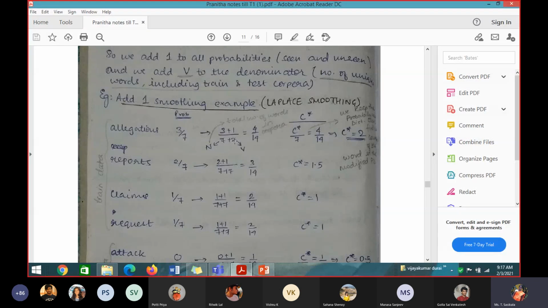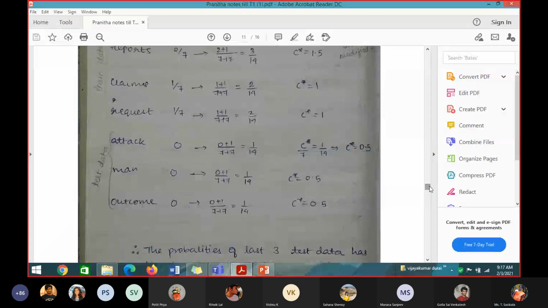So you assume that allegation is appearing, pretending as if 6 times, 3 plus 3. Report is appearing 5 times, claim is appearing 4 times, request is appearing 4 times. In that case, what will be the outcome? 1.5, 1.5, 1.5. Okay, you are getting 1.5 each.